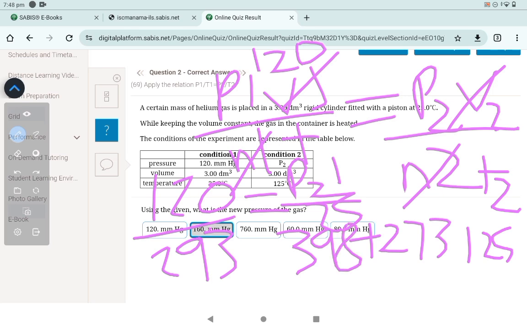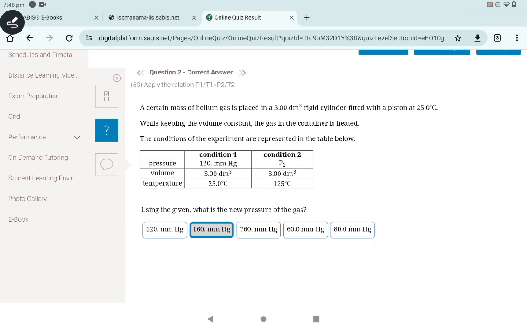My bad, not 293 here, 298. Cross multiply. Now on the calculator, it's 120 times 398 divided by 298, we get 160.26. Round that off, we get 160.